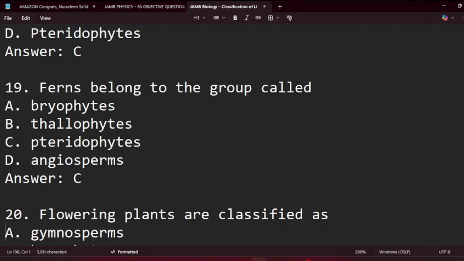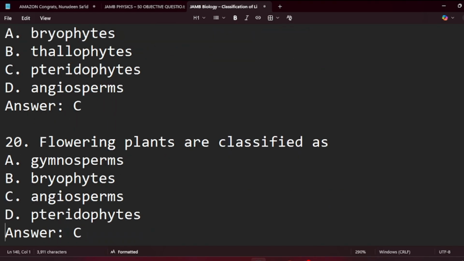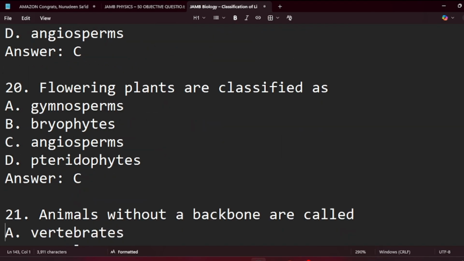The answer is C, which is pteridophytes. Question number 20. Flowering plants are classified as A, gymnosperms, B, bryophytes, C, angiosperms, D, pteridophytes. The answer is C, which is angiosperms.